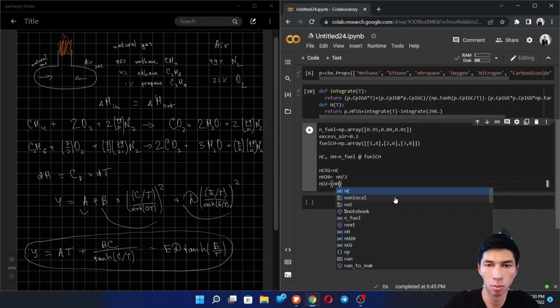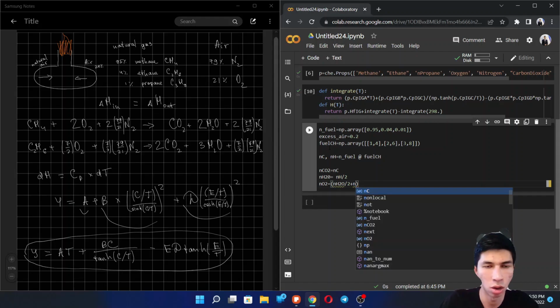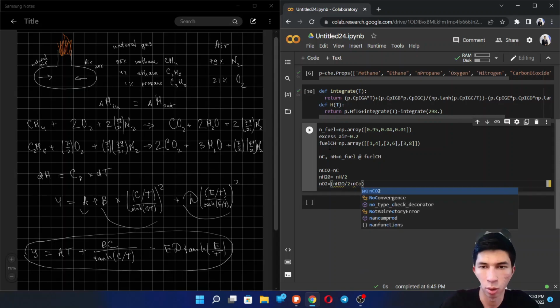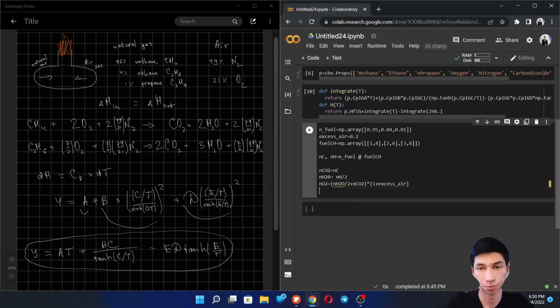So we have mole of H2O divided by 2 plus CO2. And as we have an excess air, we should multiply that by 1 plus the excess air. And here, why is that showing an error? Oh, there is a typo here.